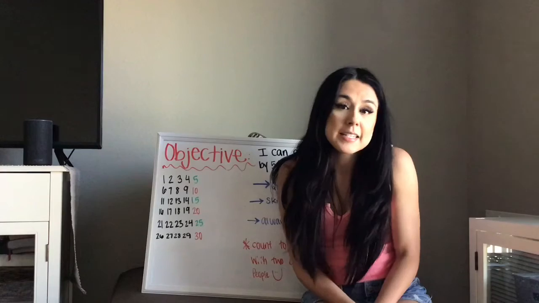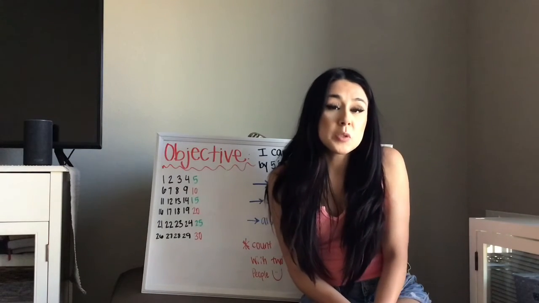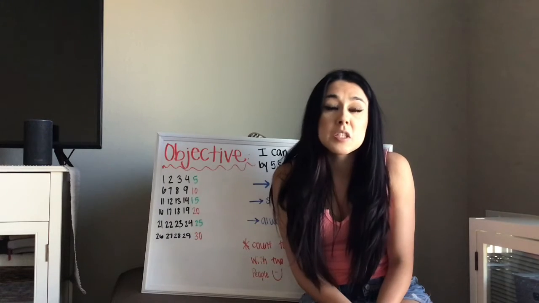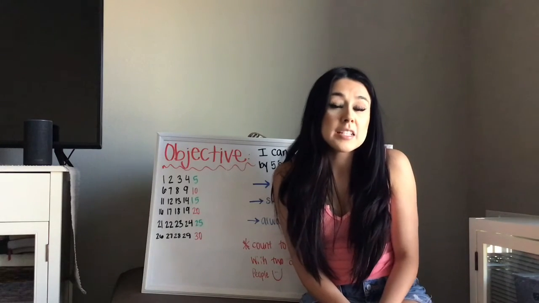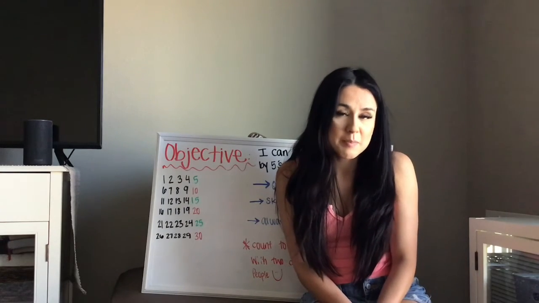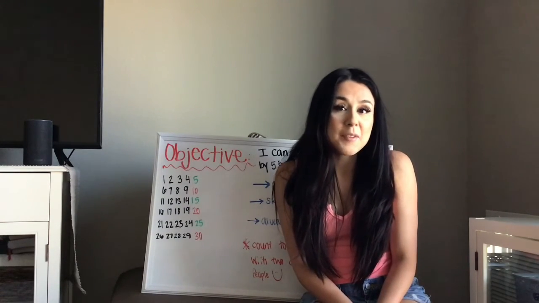We can do a practice now together. So I'm going to say the number. You can say it either with me if you already know how to count by fives, or if you're still needing some practice, you can go ahead and say it after me. I'm going to give a little pause after each number. Okay, so let's go ahead and get ready.